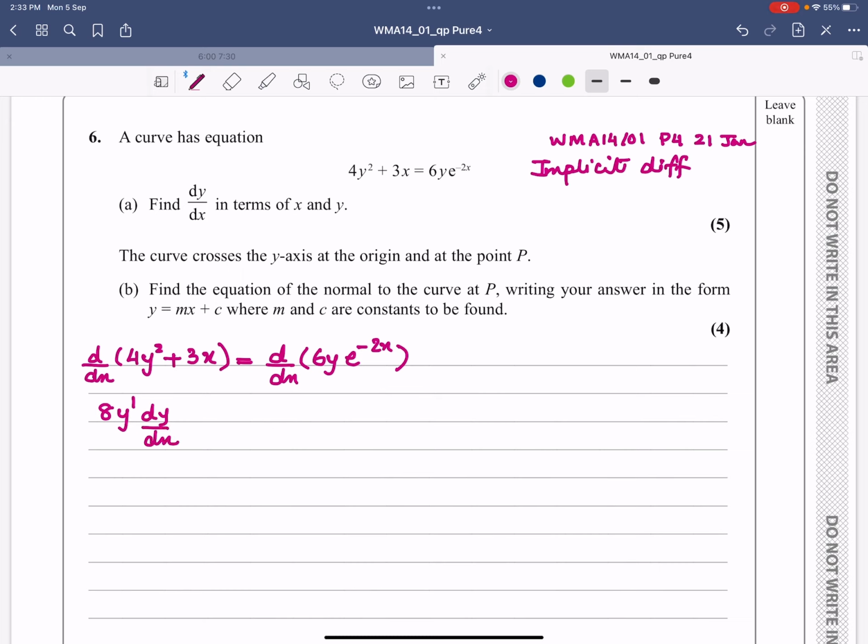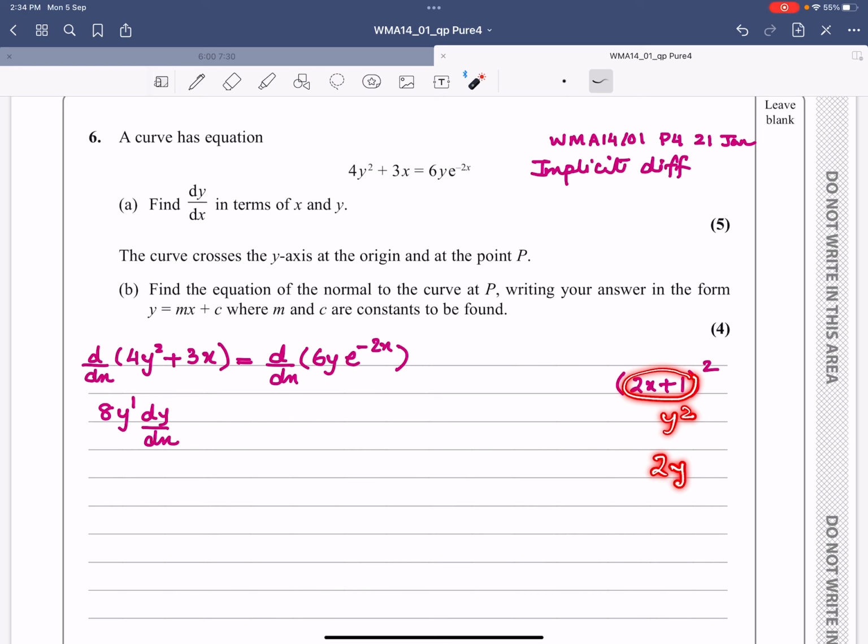I can also understand this with an example. Say I have something like 2x plus 1 to the power of 2, and I need to differentiate this. If I assume that this is my y, then I have y squared here. So I bring the power in front and it becomes 2y.